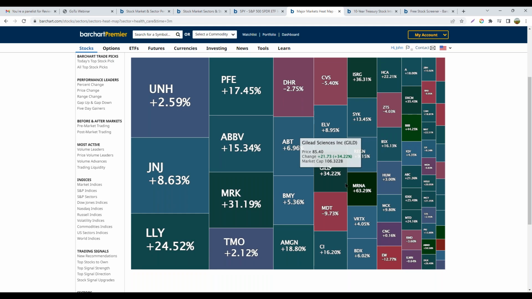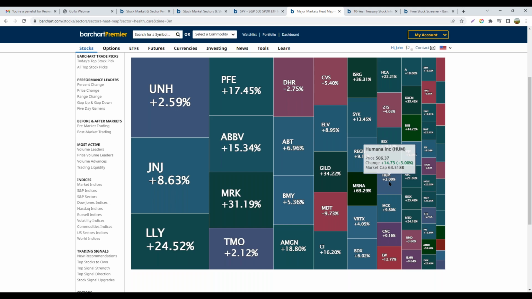Let me check my glasses here. Yeah, Universal Health Services, more of an insurance type. Cigna, there you go. Oh, there's Humana. I didn't see it, it was hidden right there. Again, those are non-cyclicals, in this case insurance companies in the healthcare sector.